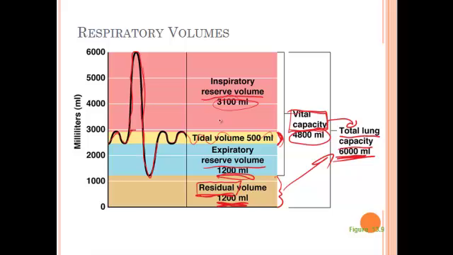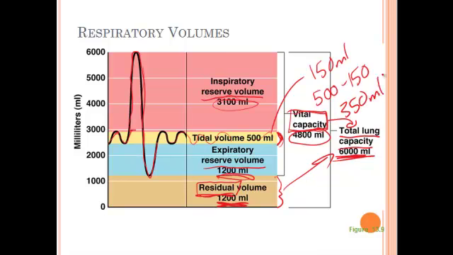That air isn't going to go through any sort of exchange. And that makes up roughly 150 milliliters of the air that you breathe in. So when you take that 500 minus 150 milliliters, there's only about 350 milliliters of air that is actively being exchanged when we're breathing normally. So that's something interesting to think about as well.